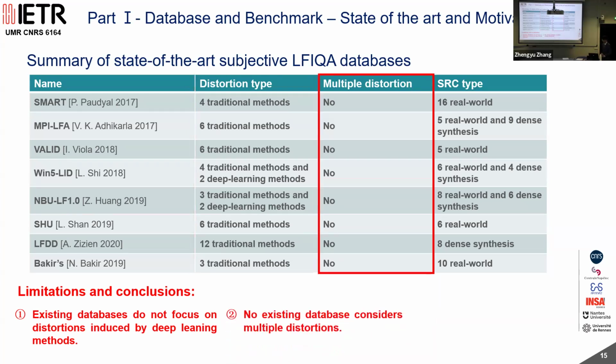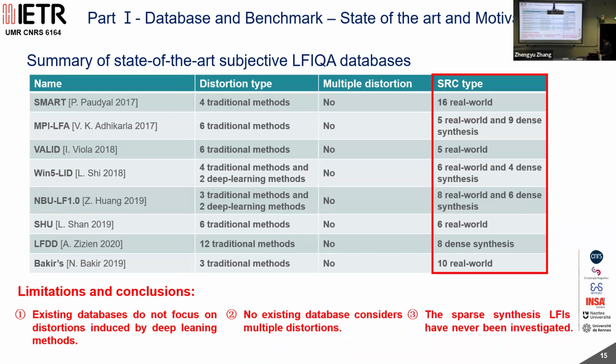Second, no existing database considers multiple distortions. Then we can also find that existing databases only focus on real-world and dense synthetic light field images, but sparse synthetic light field images have never been investigated.